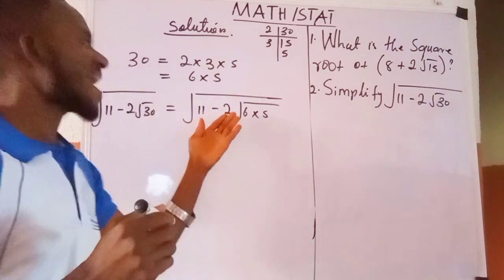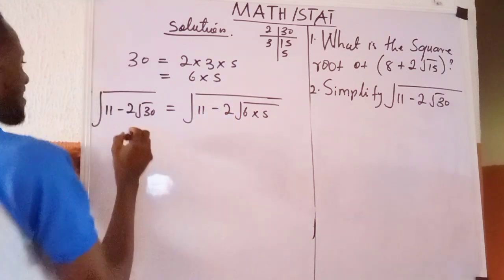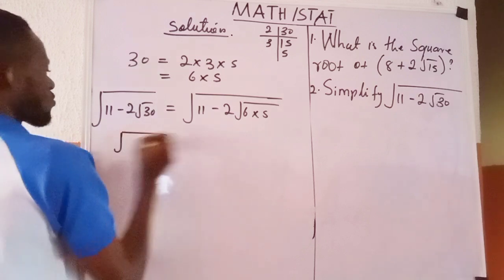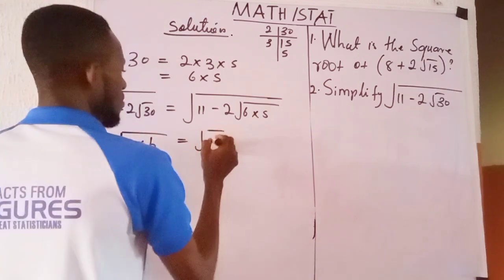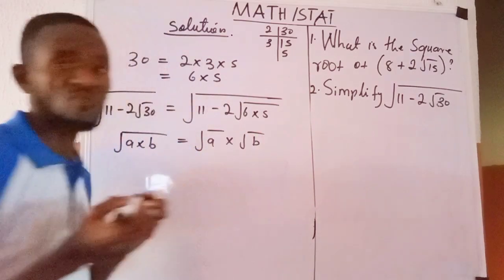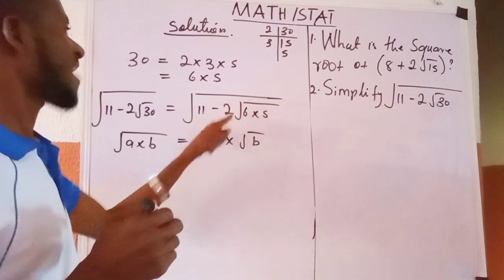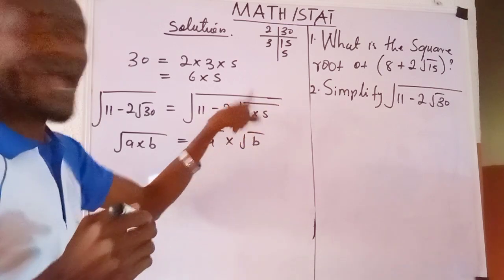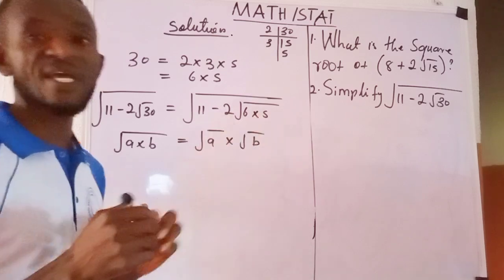And like I earlier had said, if you come to surds, if somebody says the surd root of A times B, the answer is root of A multiplied by root of B. So I can easily come here now. I have a square root of 6 times 5 here. I'll replace it with root 6 times root 5.